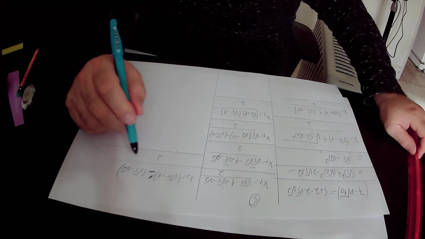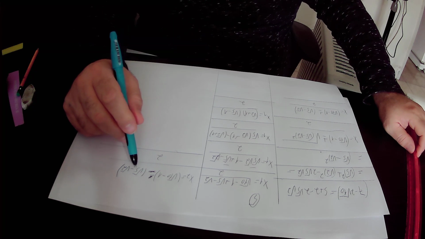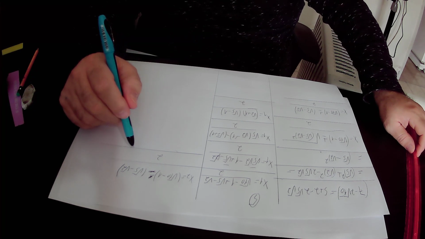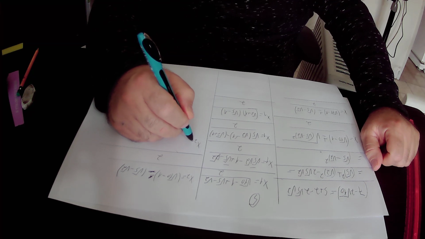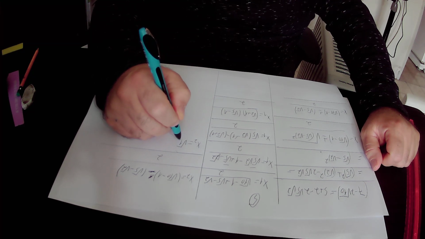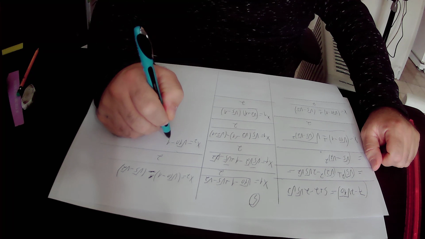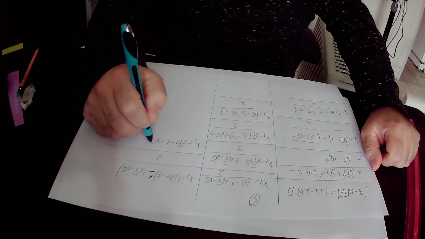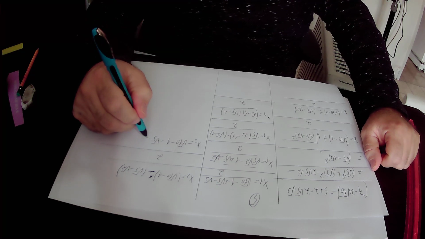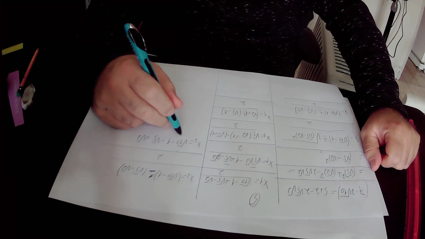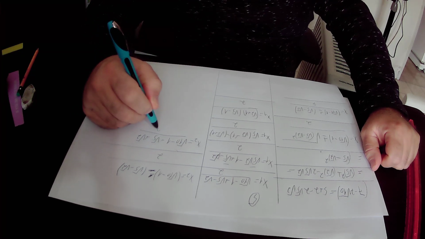x2 equals square root of 10 minus 1 minus (square root of 5 minus square root of 2) over 2. So x2 equals square root of 10 minus 1 minus square root of 5. Minus and minus is plus, so it is plus square root of 2 over 2.